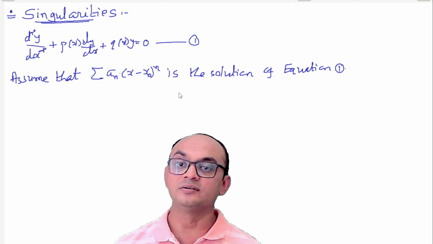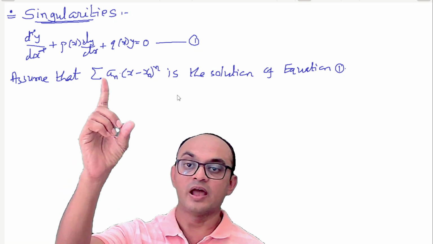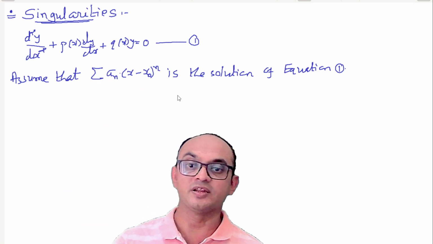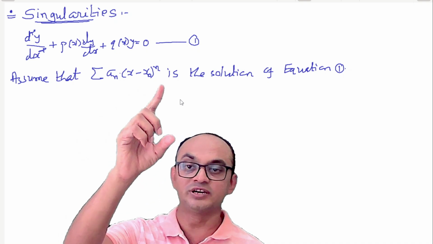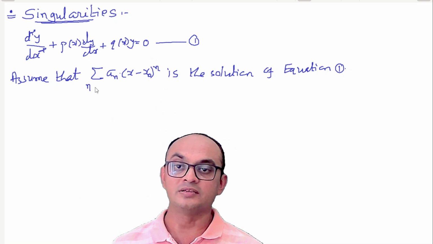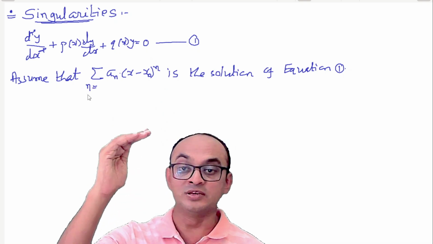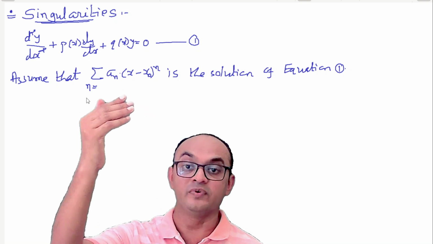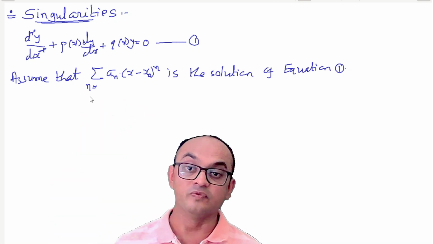Now see, when I have written this, something is missing. I have written summation an into x minus x0 raised to n, but I have not mentioned for which values of n. I mean, is n equal to 0 to infinity, n equal to 1 to infinity, or n equal to minus 5 to infinity?